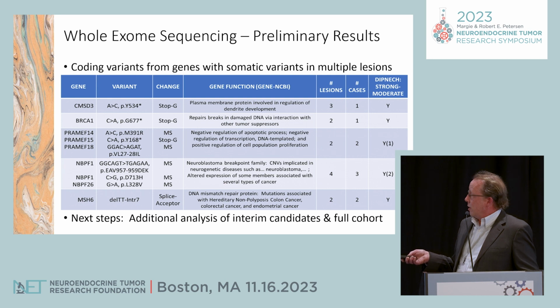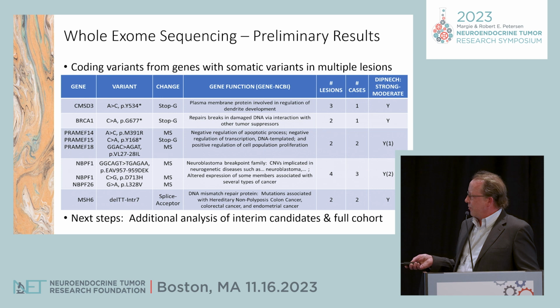You can see that the PRAMEs are associated with neural processes and with alterations in a number of different tumor types, and have some classic oncogenic properties: a negative regulator of apoptosis, a positive regulator of proliferation, commonly overexpressed in tumors.